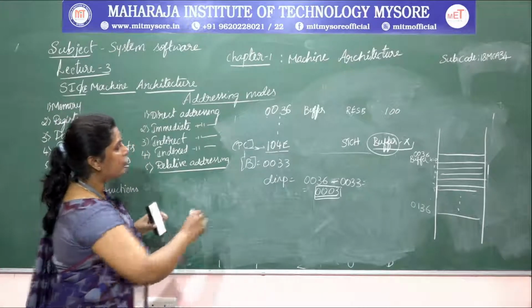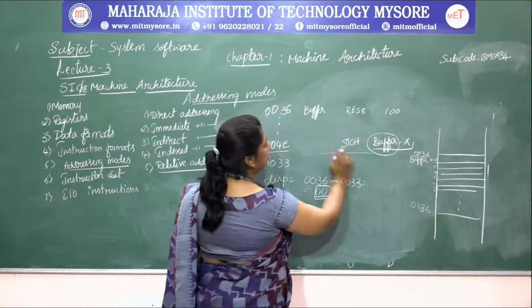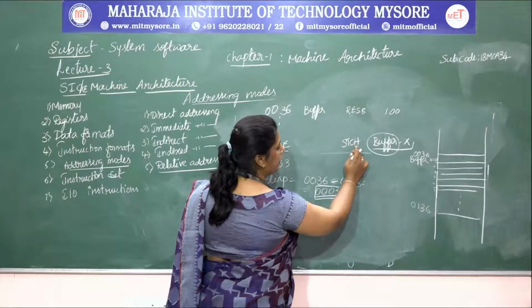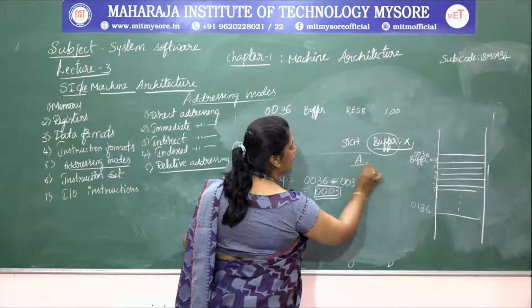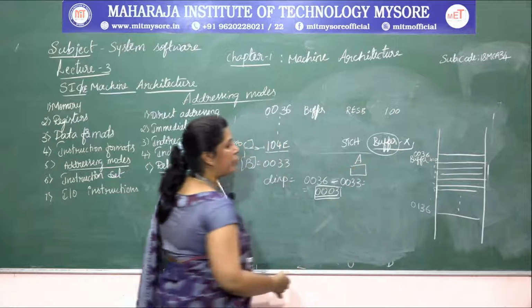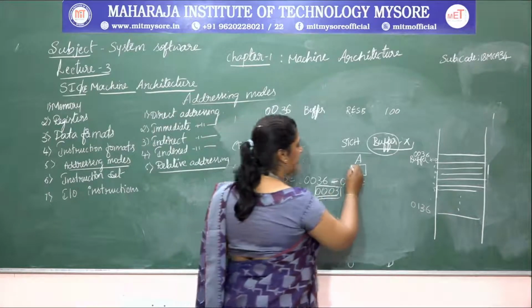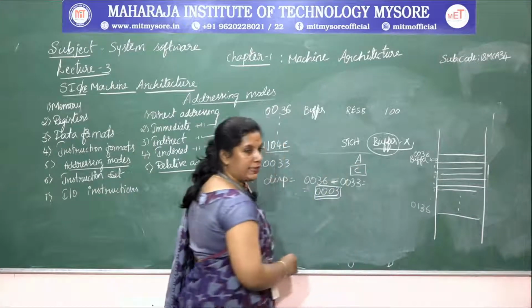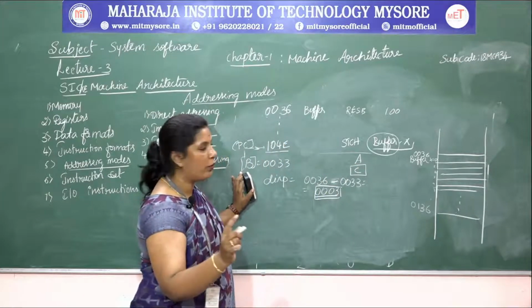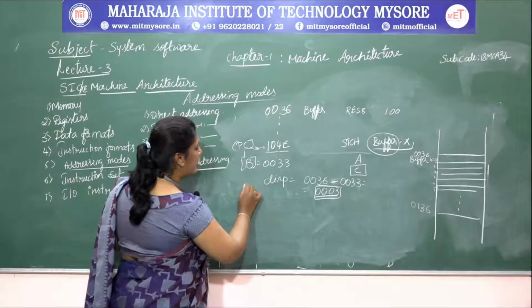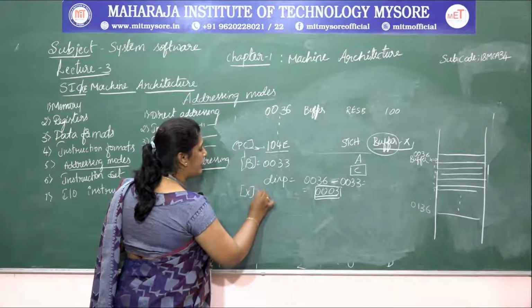What this is telling us is, this store character instruction means the accumulator is having some character. Let us take the accumulator as having a character C. That character must be stored. Let us assume at that time the index register value is 3.